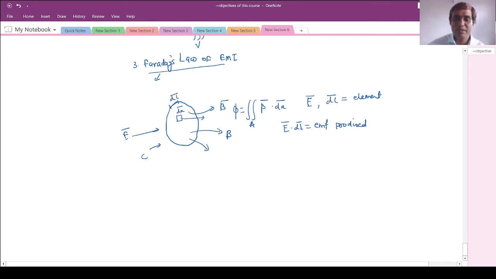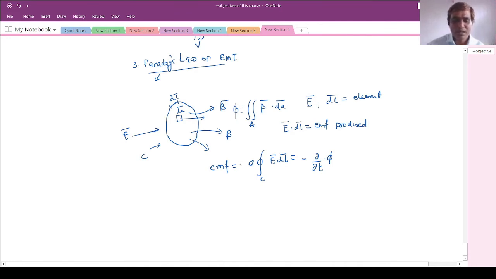So the EMF produced will be equal to the contour integral over the closed loop of E bar dot dl bar, and that will be equal to the rate of change of magnetic flux, and the direction will be the negative of it. So it will be minus d/dt of the flux, that is phi, which is the total flux enclosed by the loop.